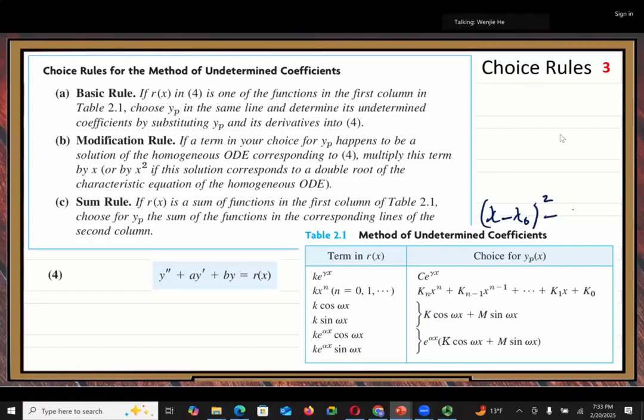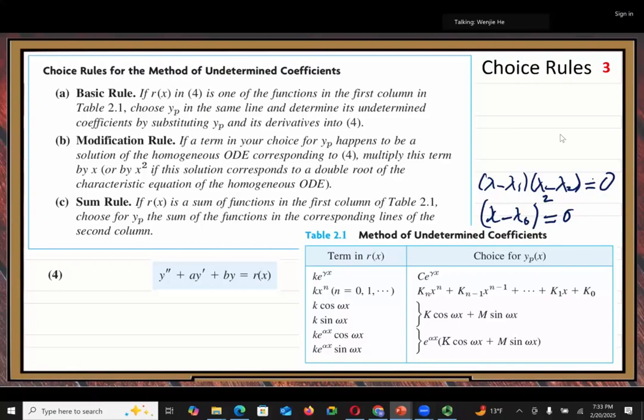This is a double root. Single roots are lambda minus lambda 1, lambda minus lambda 2, single roots. For a single root, you multiply by x, that's enough. For a double root, you need to multiply by x squared. That's the modification rule.